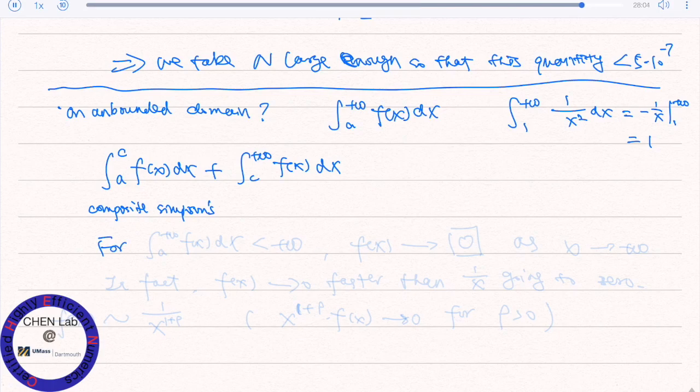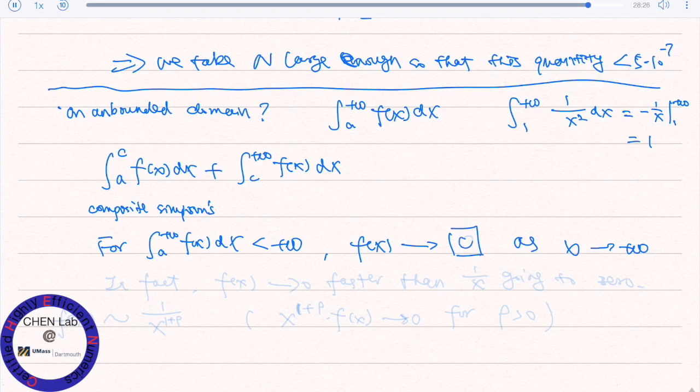What do you think? For the integral of f of x dx to be finite, for this function to be integrable, f of x should go to what as x goes to infinity? 0, right?